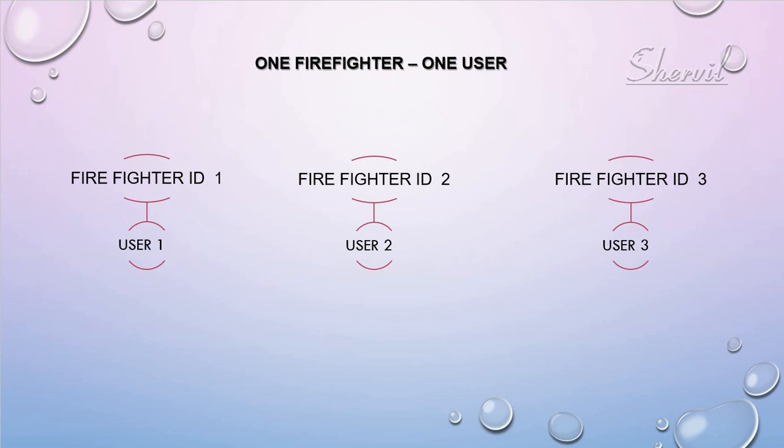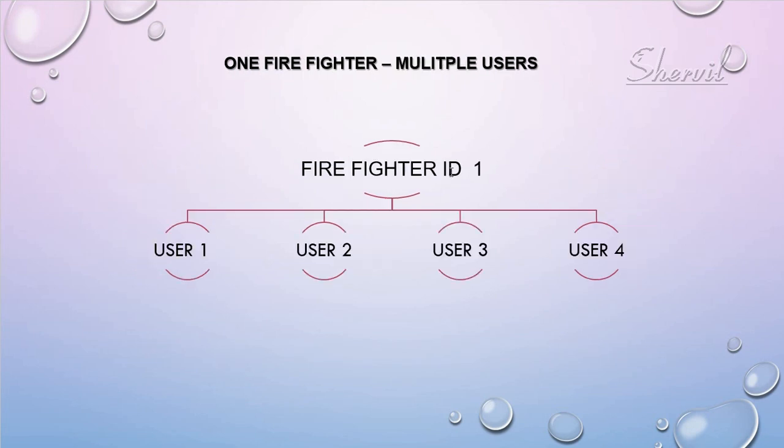So if the security team has 3 people, each one of them will have one firefighter ID individually. So one firefighter ID to one user. That could be a strategy you could have, or you could have one firefighter ID for the entire team, and it will be assigned to all the people in the team. So that is one firefighter ID for multiple users.